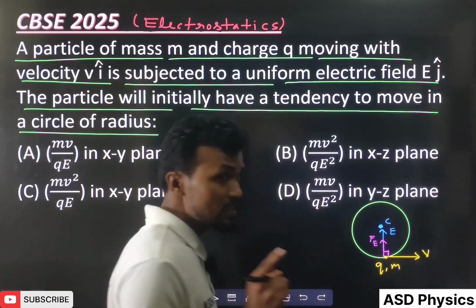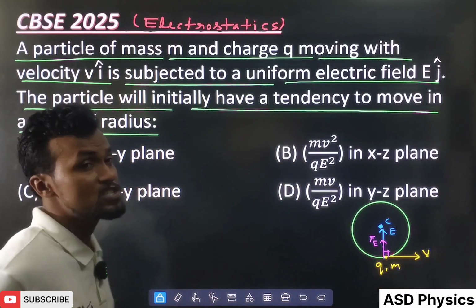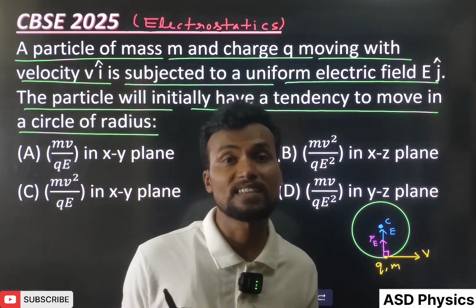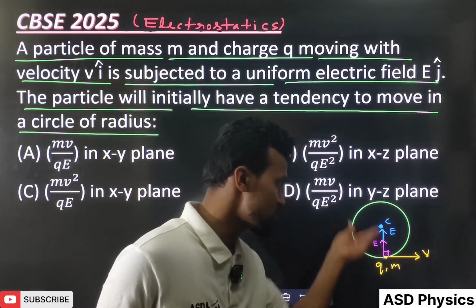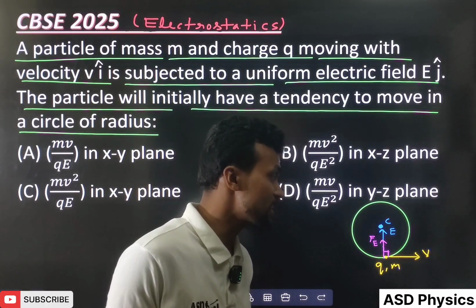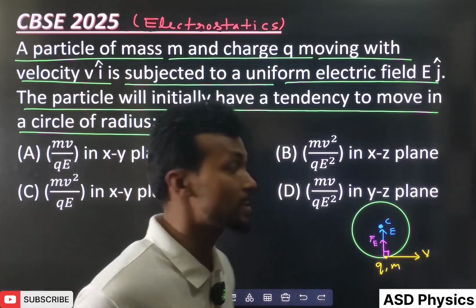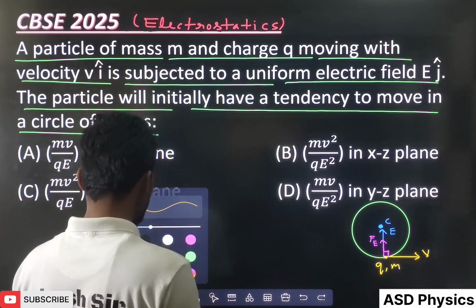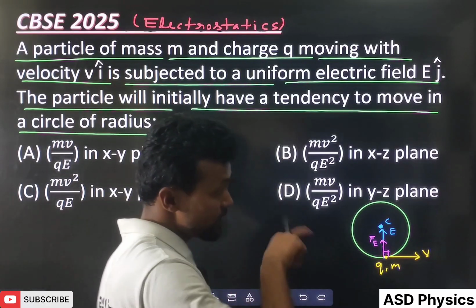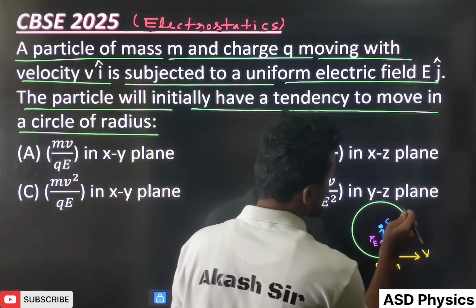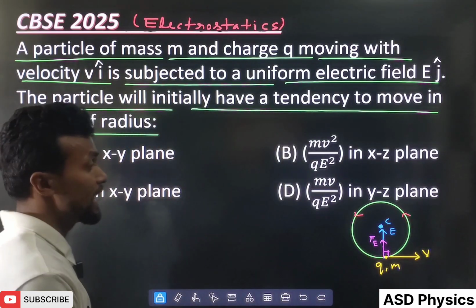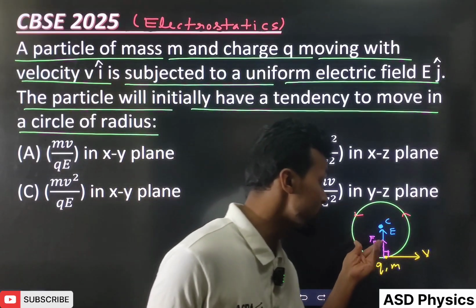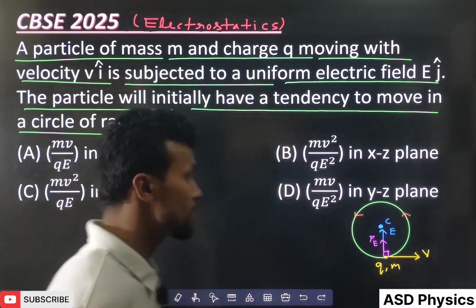90 degrees. So in this situation, actually the application is taken from the chapter moving charges and magnetism. But anyhow, you can see here, velocity along x direction, electrostatic force along y direction, angle between them 90 degrees. That means definitely the work done by this force will be 0, the speed will not change, and in this situation the particle will move in a circular path here. Remember that this electrostatic force will act as a centripetal force.